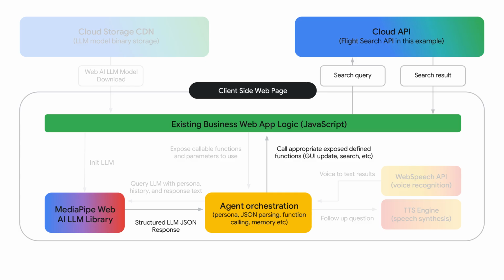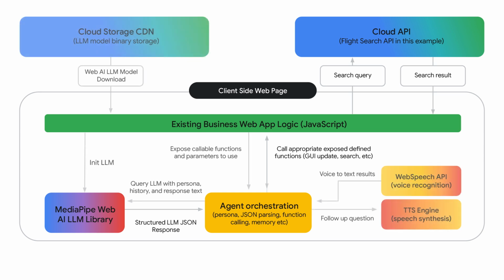Finally, when enough information is obtained to perform the desired task, the agent can call the search tool exposed by the business application to actually find possible flights that match and bring those results back. The results are rendered to the user interface via the existing logic in the web app itself that would already have been handling search results in the non-AI version of the site, so you're just reusing code that you've already got in production.